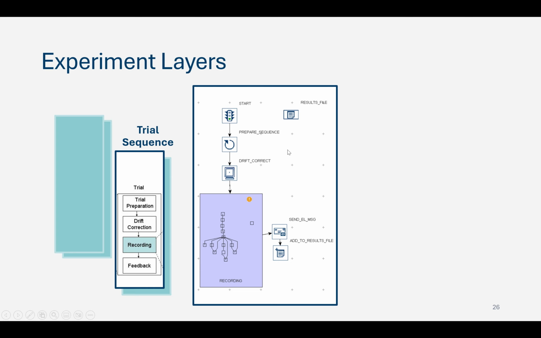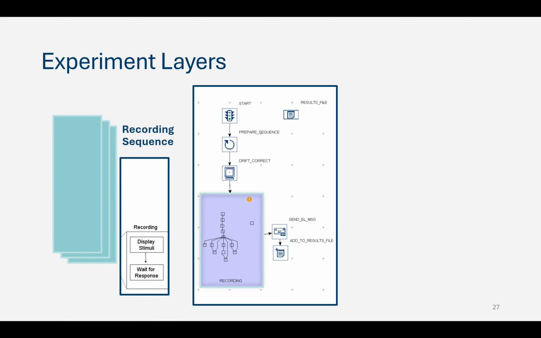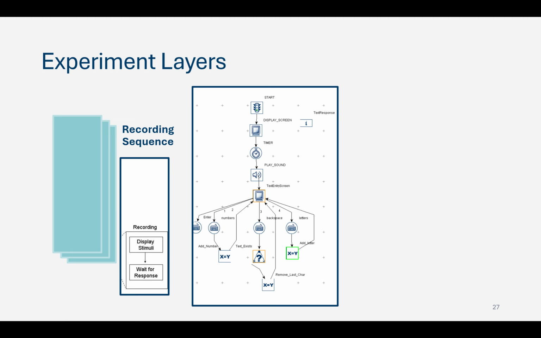So one thing to realize is you might intuitively think that this is the deepest layer of the experiment, right? This runs once per trial, but it's not. And the reason for that is that we also have a recording sequence. You don't want to be collecting eye tracking data the entire time participants are doing your experiment because you don't care about the gaze data or the pupil data while they're reading your instructions, I would imagine.